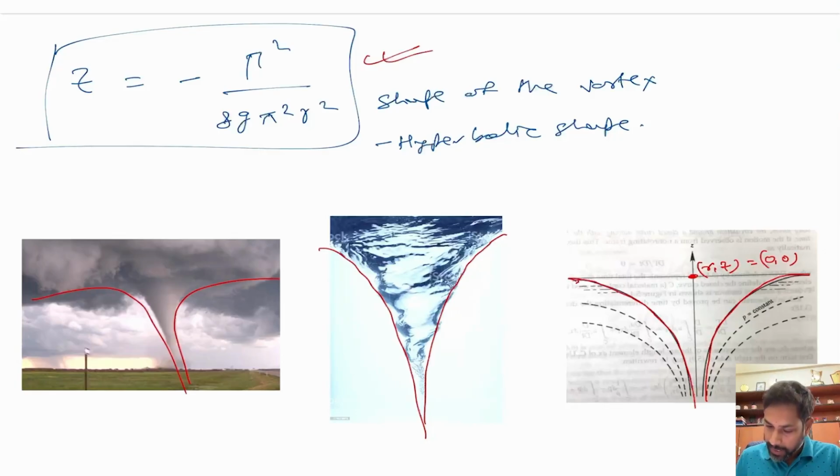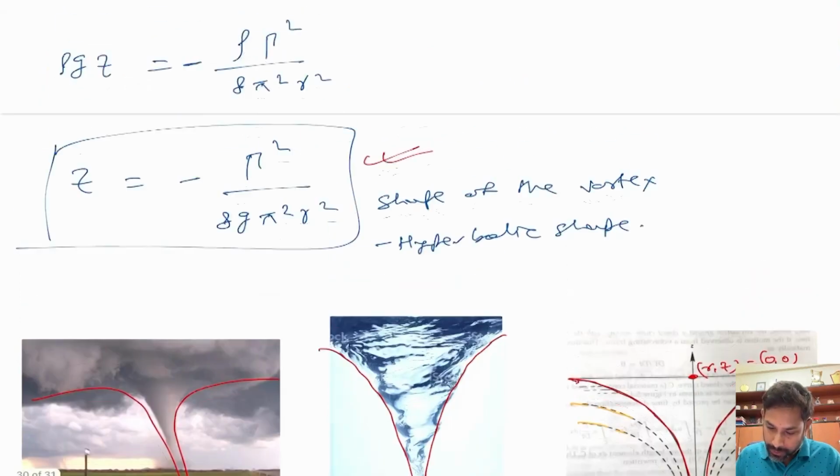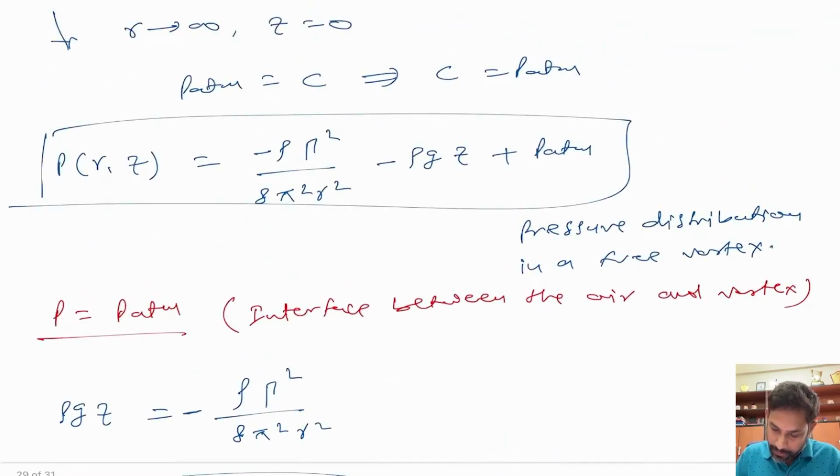Okay, and likewise if you want to find the constant pressure line, so as you can see here, all these lines that are defined, these are constant pressure lines, right? So you can simply use this equation. So P as a function of r and z, and if you define a constant pressure, that will give you the value of z.